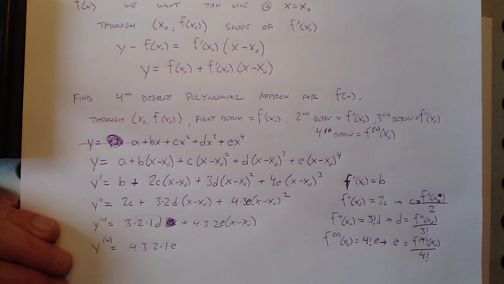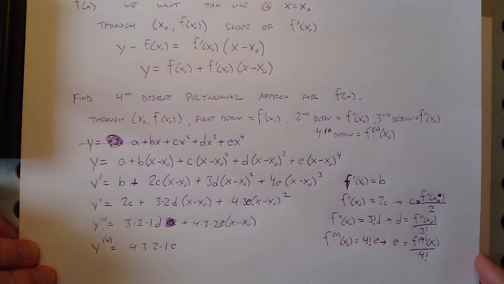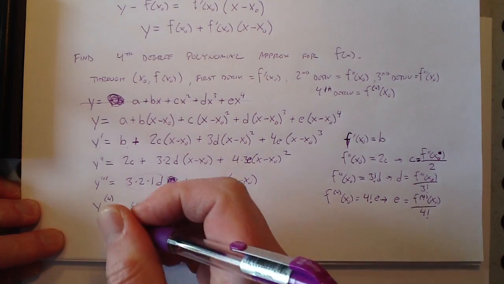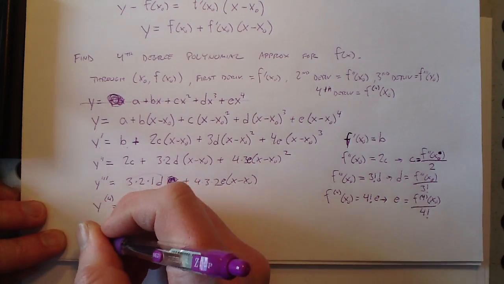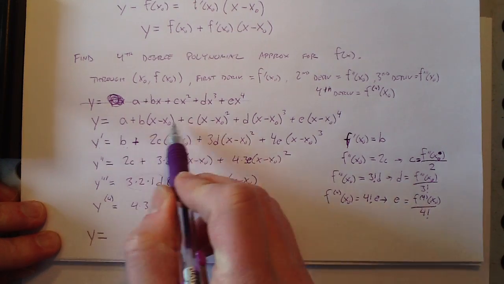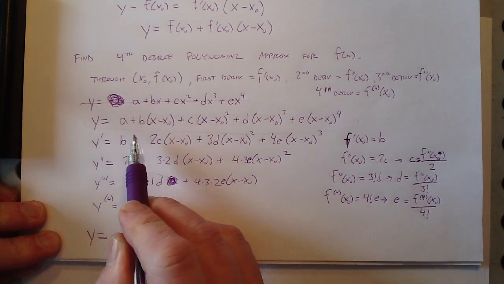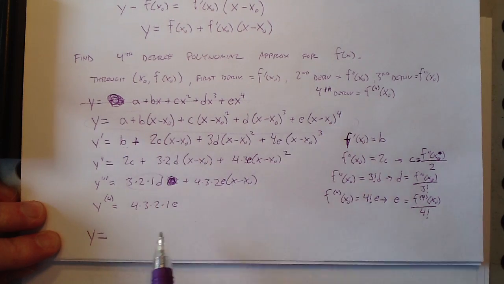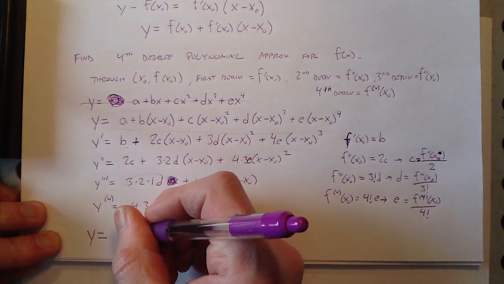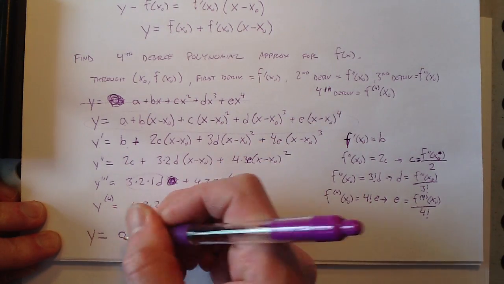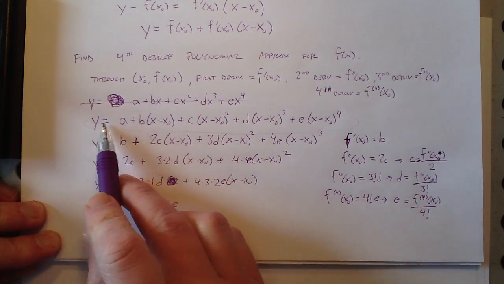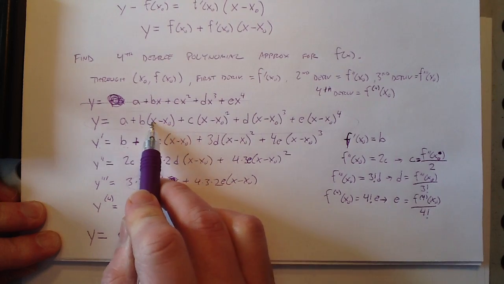Okay, so what does that mean? That means my fourth degree polynomial is, let's see if we can write the whole thing. It is y equals, we're just filling in our a, b, c, d, and e into this now. The a, well, that's just a number, right? When I plug in x sub 0 to get the point, all those go away.